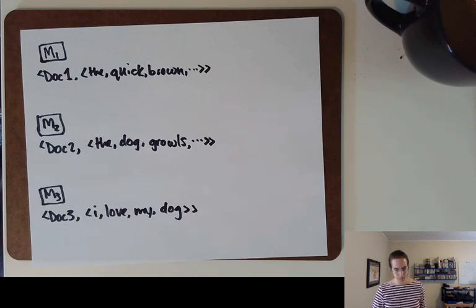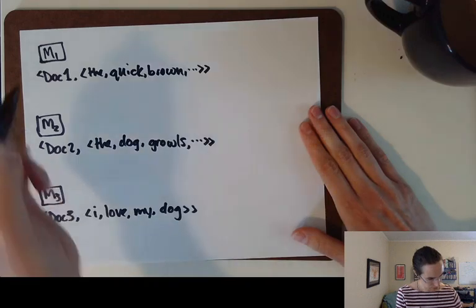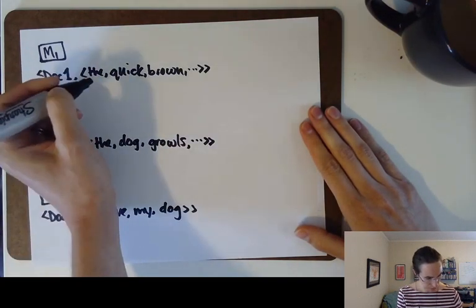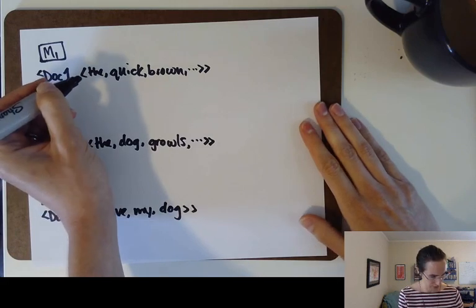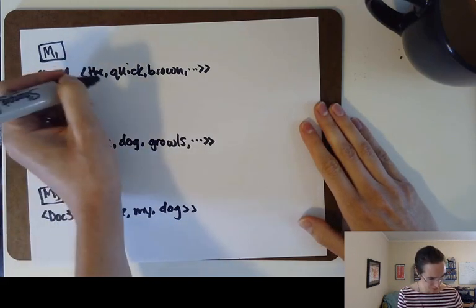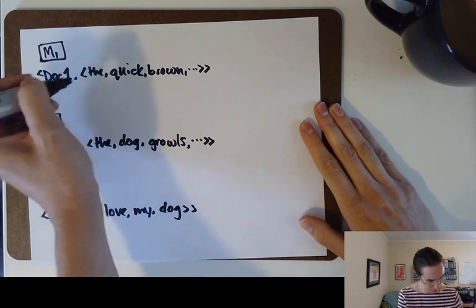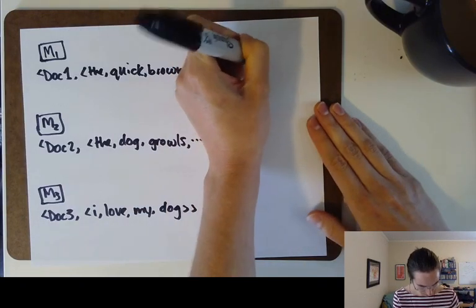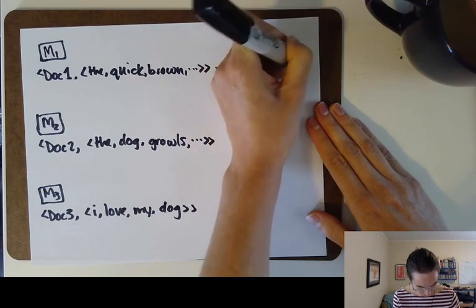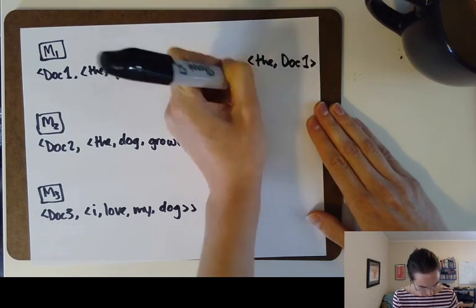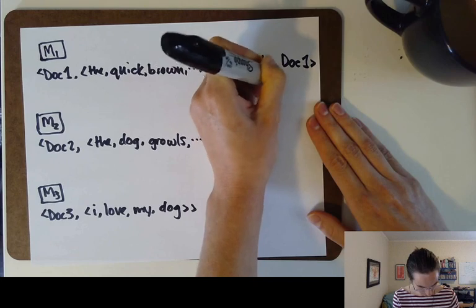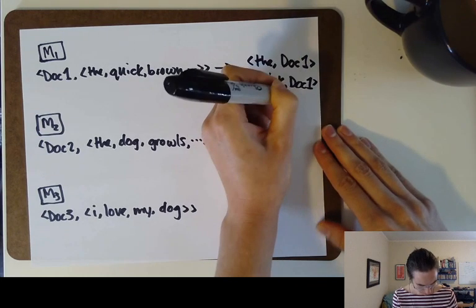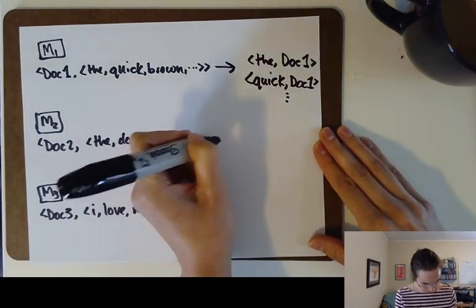So machine 1 will operate on the document that it has, and it'll create these pairs of a word and a document. In this case, all the documents are going to be document 1, so it'll look like this, and so on. And machine 2 will do the same.